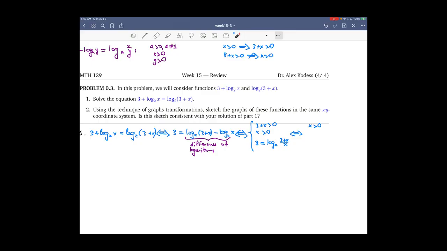Now, with this equation here, we may raise 2 to each side of this equation. That'll give us an equivalent equation.